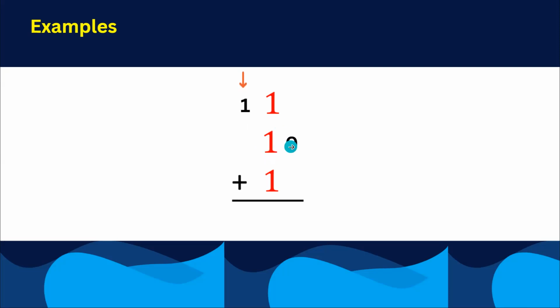So you keep the 0 in this column and you carry the 1 to the next column of more significant numbers. And then you have this 0, so you add the 0 to 1, you get a 1, and you bring this 1 down because 1 plus 0 equals 1. And you get the result 11 like this.